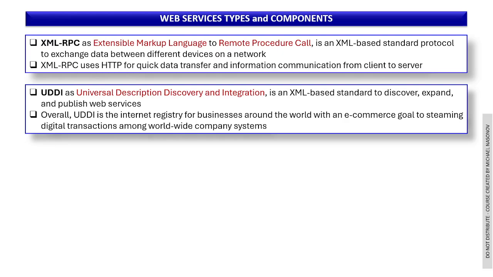UDDI, which stands for Universal Description, Discovery and Integration, is an XML-based standard to discover, expand, and publish web services. Overall, UDDI is the Internet registry for businesses around the world, with an e-commerce goal of streamlining digital transactions among worldwide company systems.